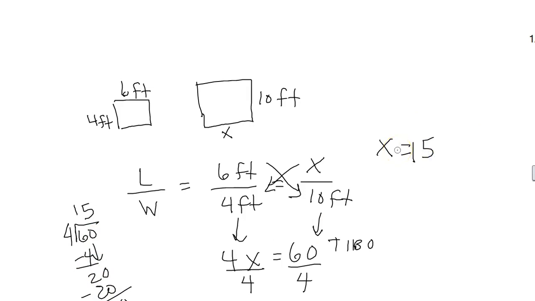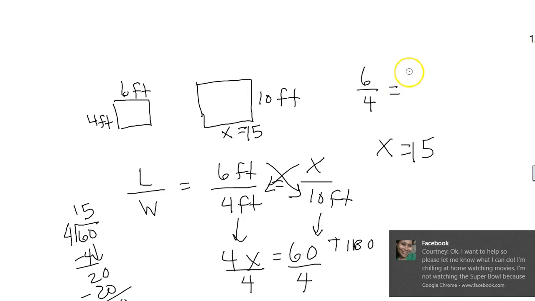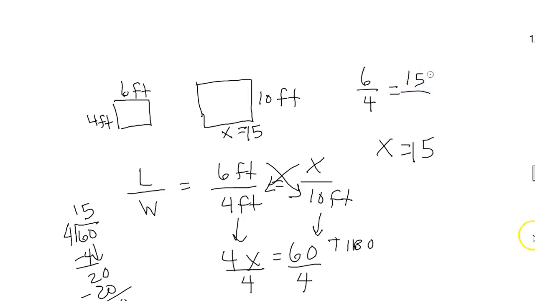So for these two rectangles to be proportional to each other, because it says the ratio of length to width is the same, find the length of the larger. So this right here is 15, because look, 6 over 4 is equal to, remember the length information is at the top, 15 over 10.